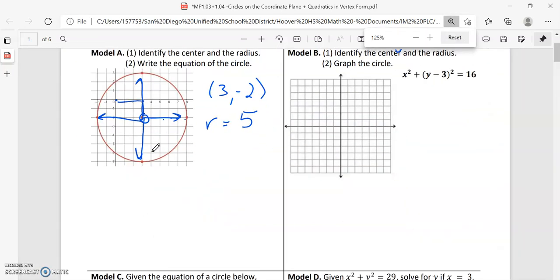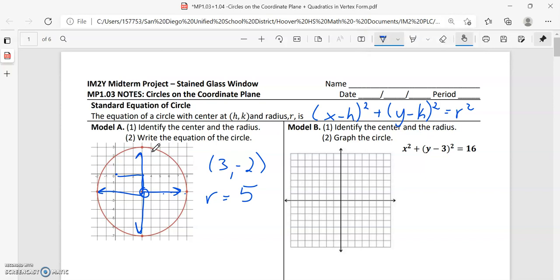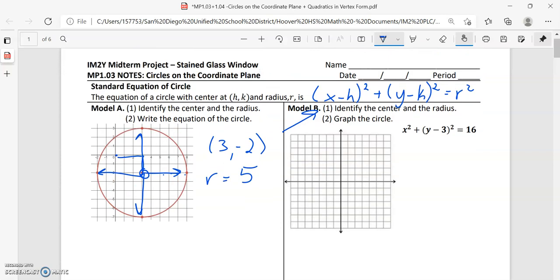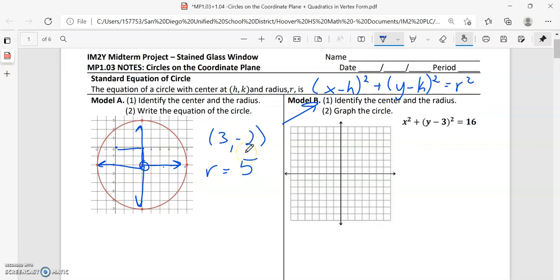So you're going to plug those numbers into our equation up here. Remember, you're changing the sign. If you have a double negative for our k right here, it's going to become positive. So it's (x minus our h, which is positive 3) squared plus (y, double negative, plus 2) squared equals 5 squared.